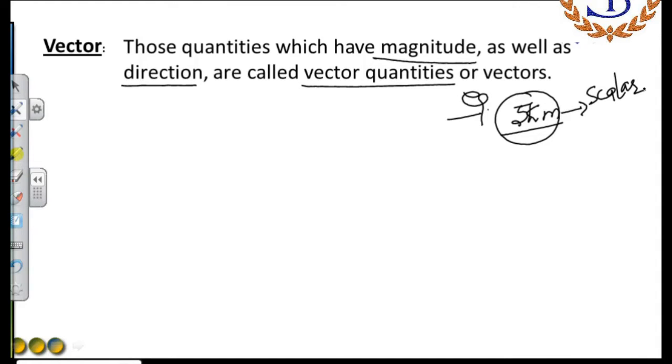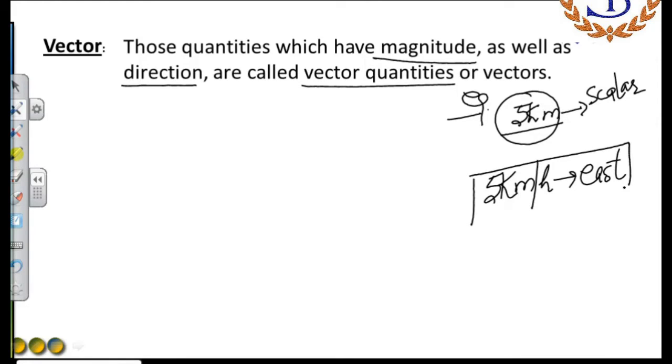But if I say that I throw a stone with a speed of 5 km per hour in the direction of east, now here I am mentioning the direction also with the speed. So this particular type of quantity is known as a vector.